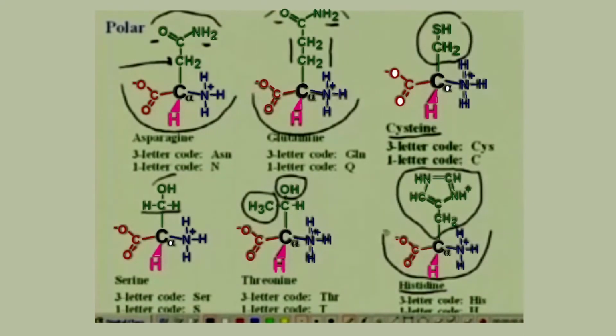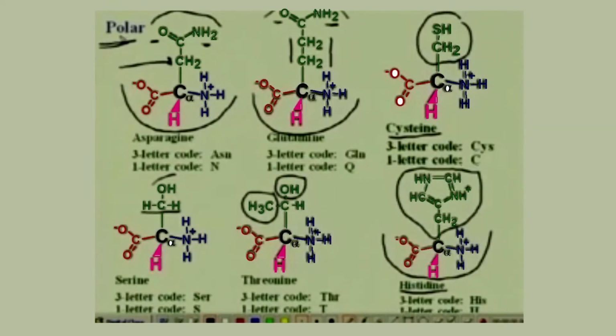So, again we have a common amino acid part here. In histidine, we have two nitrogens in the side chain, that is part of the imidazole ring. So, what you can see in this polar group of amino acids is all side chains that belong to this group contain what is called a heteroatom.